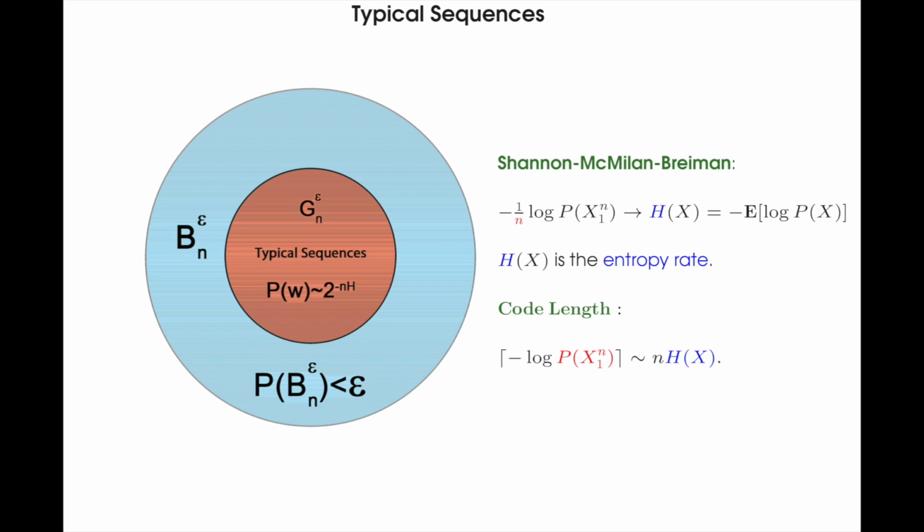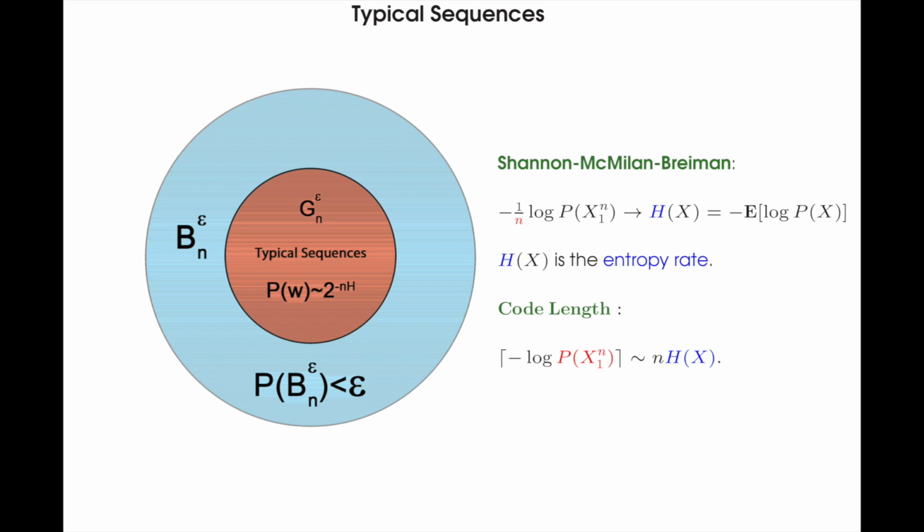So if this is the space of all possible binary sequences of length n, there will be some that are typical to occur. With coin flipping, you will have the number of heads between 400 and 600. The rest can occur, but with a very, very small probability.